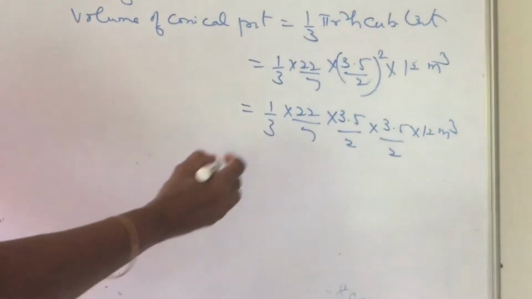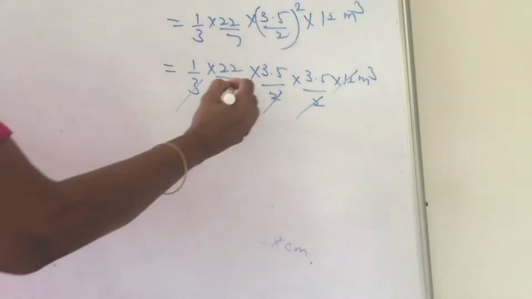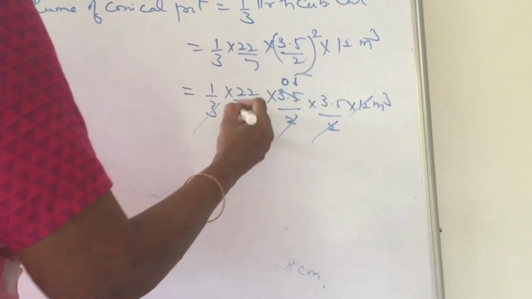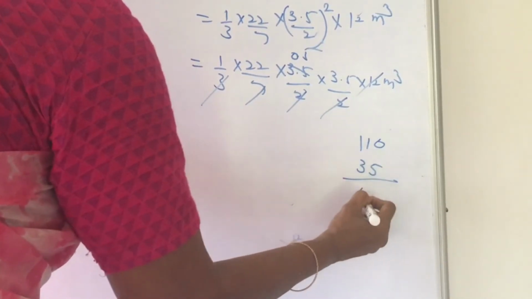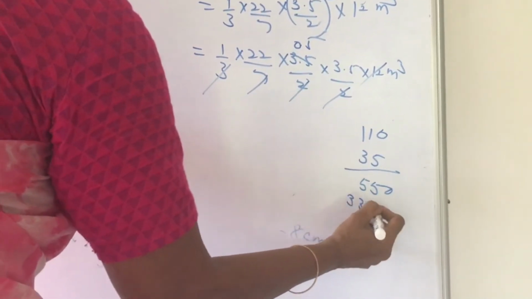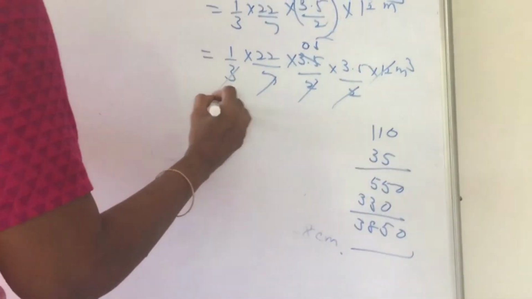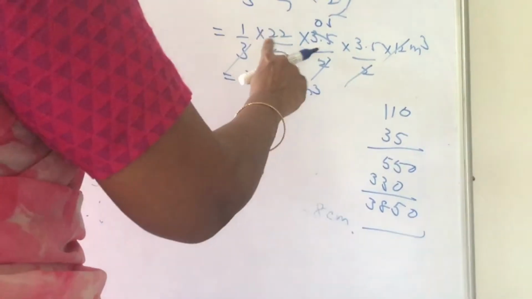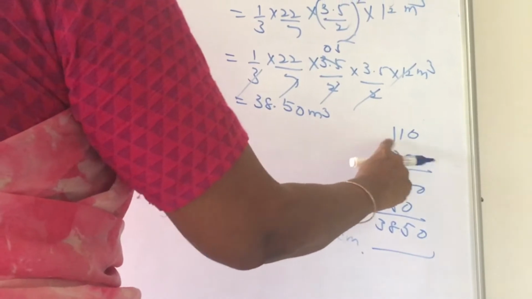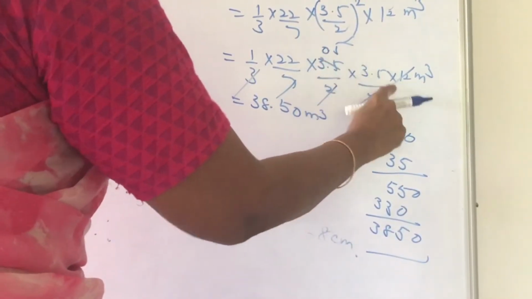Go for cancellation, girls. 3 2s are 6, 6 2s are 12, cancel 12. 7 goes 0.5. 22 into 5, 110; 110 into 35 is 3850. 2 digits after the point, so 38.50 meters cube.